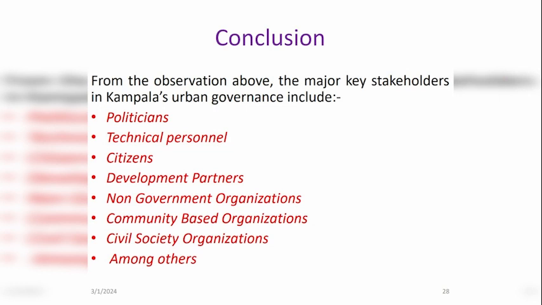In conclusion, we wanted to look at urban governance. I wanted to give you a preamble of governance and the stakeholders that are involved. The stakeholders, we have seen that they are politicians. Haven't you seen them? Yeah? They are politicians. We have also seen that they are technical personnel. Me, I'm a technical person. We have seen that they are citizens, because you are citizens here. But as KCCA, you have a duty to provide services to you.